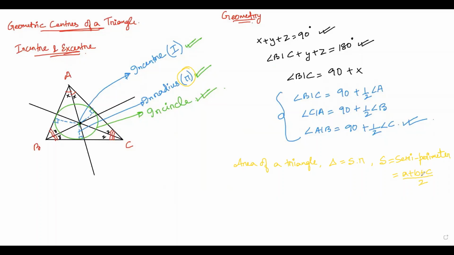That is half of a plus b plus c, where small a, small b, and small c are the length of the three sides of the triangle corresponding to angle A, angle B, and angle C respectively. So, if we know the area of a triangle and the length of the three sides of a triangle, then we can find its inradius simply by using this relation.